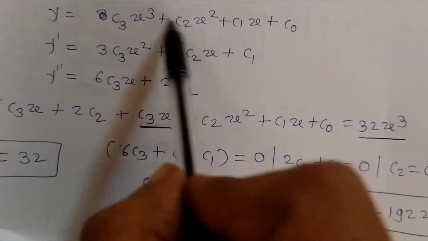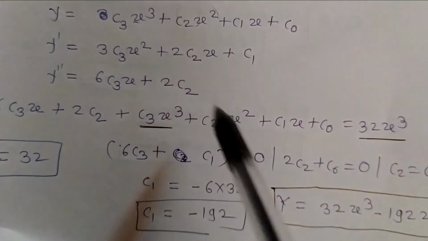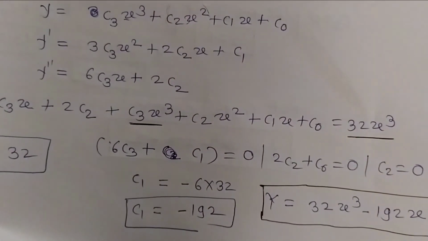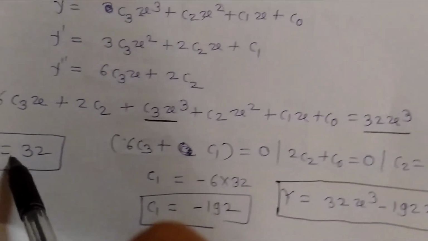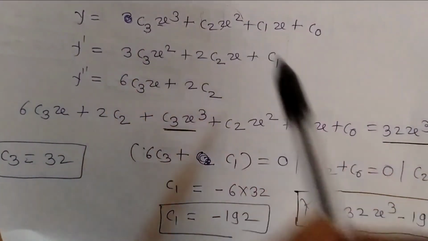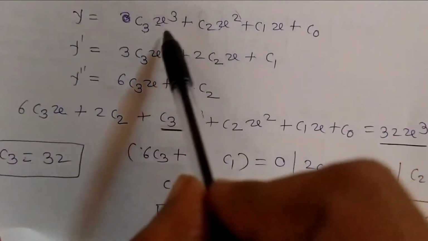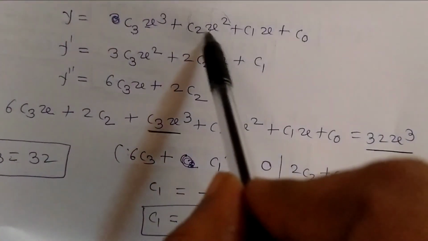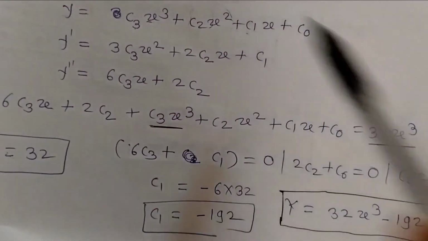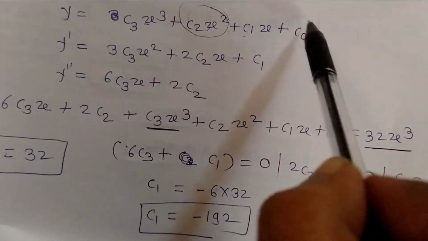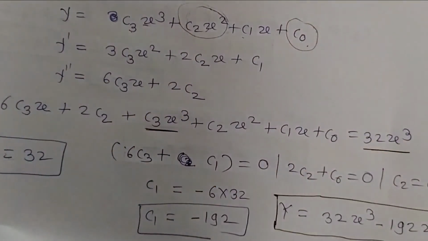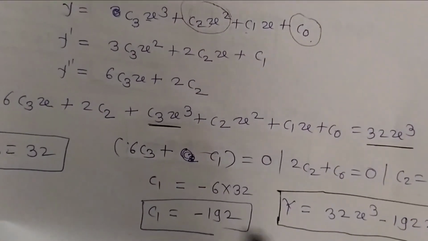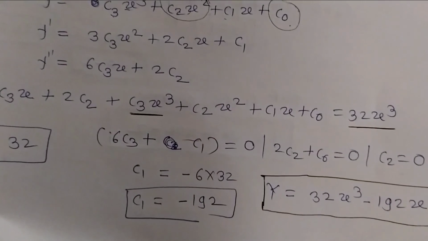Here c2 is 0, that's why the x square term is 0, and c naught is again 0. So here there is no constant term, only c3 and c1 are present. So that is 32 x cube minus 192 x. The x square term is 0 and the constant term is 0 because c2 is 0 and c naught is 0. So that's why this becomes 32 x cube minus 192 x.